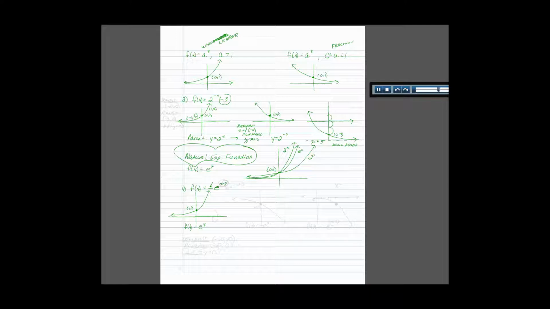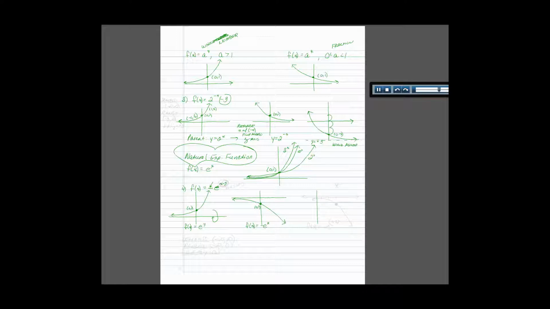So this function is going to flip across the x-axis. Instead of going through 0, 1, it now has to go through 0, negative 1. Picture this whole thing flipping across. It's going to look about like that. It flipped across the x-axis. So this is the function f of x equals the opposite of e to the x.